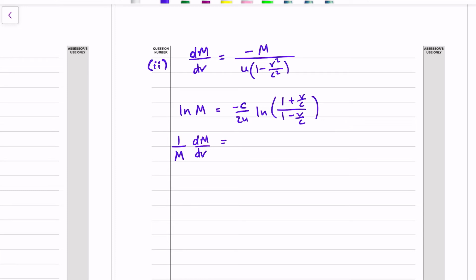And on the right hand side, differentiating with respect to v, where c and u are constants. c is the speed of light. u, you're told in the question that u is a constant. It will be related to speed as well, I imagine. Can't say I ever saw this equation in my degree. Let's just tidy this up a little bit.